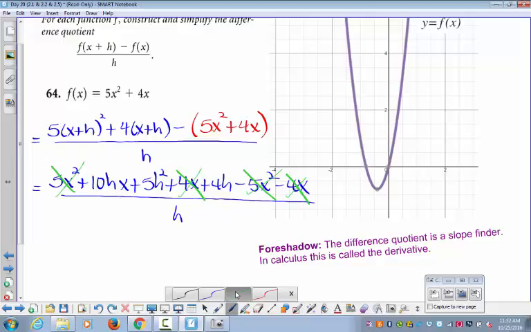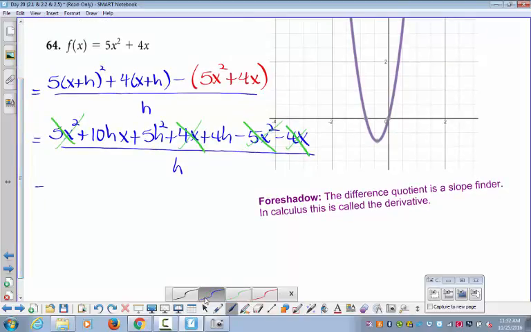It's always going to be true that those are going to cancel out. And do you see that h is common to all the terms left? So we can cancel out an h there. We have to distribute it, so we're left with 10x plus 5h plus 4.